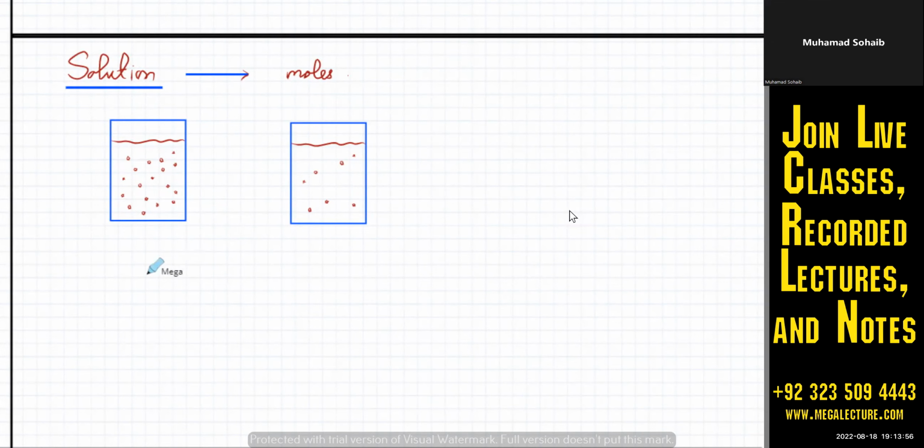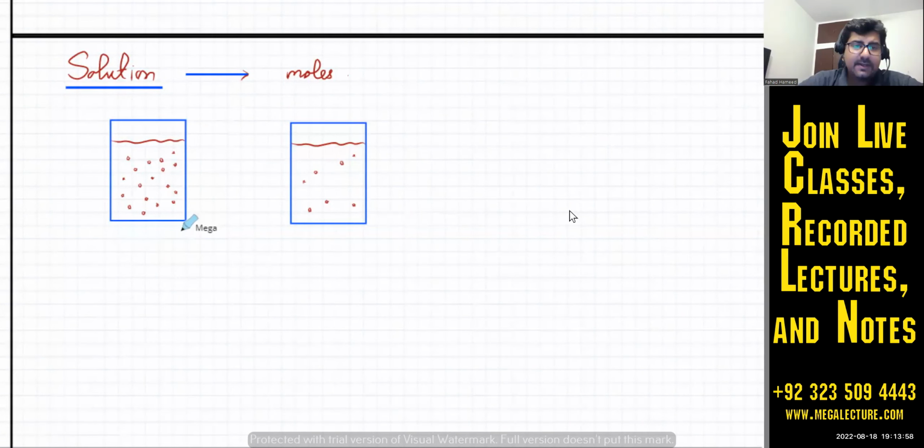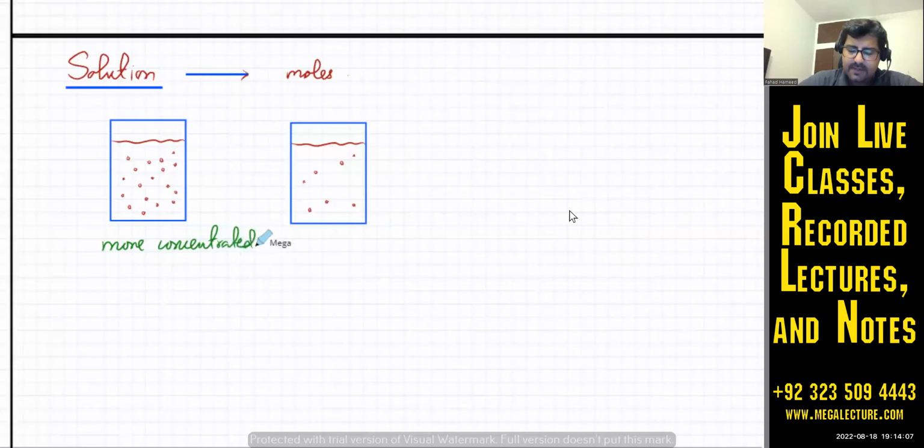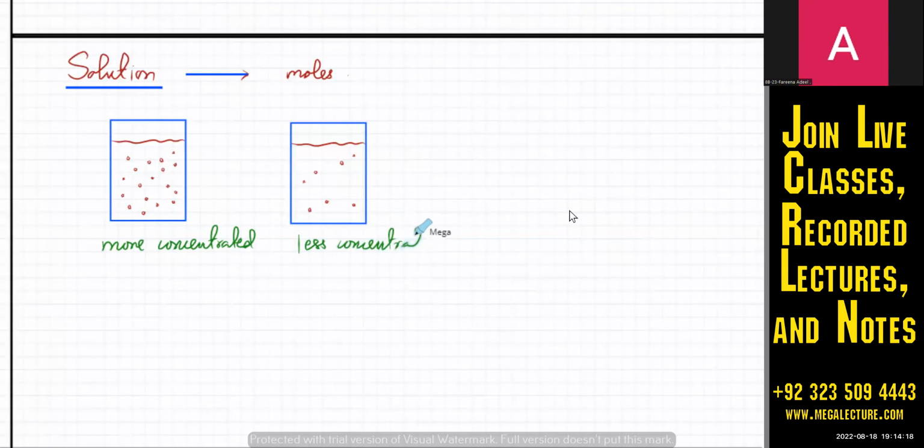The left one is more concentrated, right? Yes. Because that's obviously more concentrated, and the other one is less concentrated. You use the word dilute for that. Dilute means there's more water and less sugar in it. So this one is less concentrated, or you can say it's dilute.